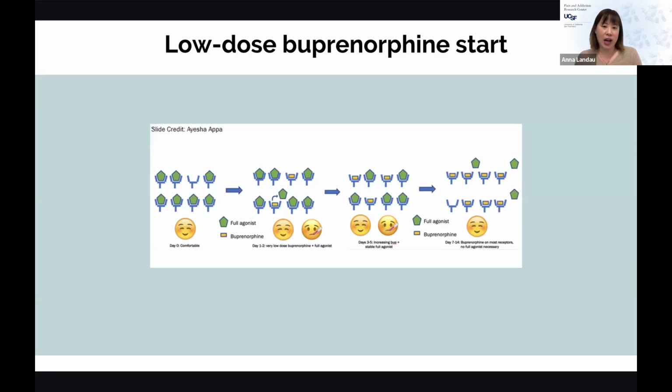From days 3 to 5, they're also still feeling a little bit uncomfortable, but that buprenorphine is starting to occupy more receptors in their brain. And then finally, on days 6 to 7, that buprenorphine has fully been introduced, and the fentanyl is still around, but it's by no means dominating the picture anymore.